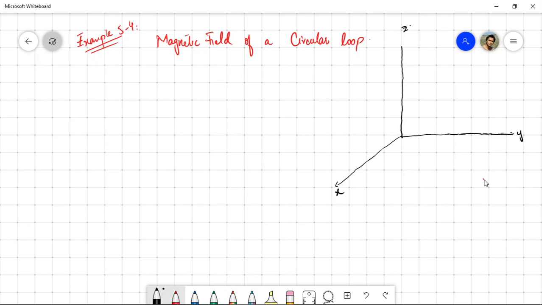He's saying that we have a circular loop which is placed at the origin. I hope I can draw a circular loop. This is a circular loop which is carrying current.